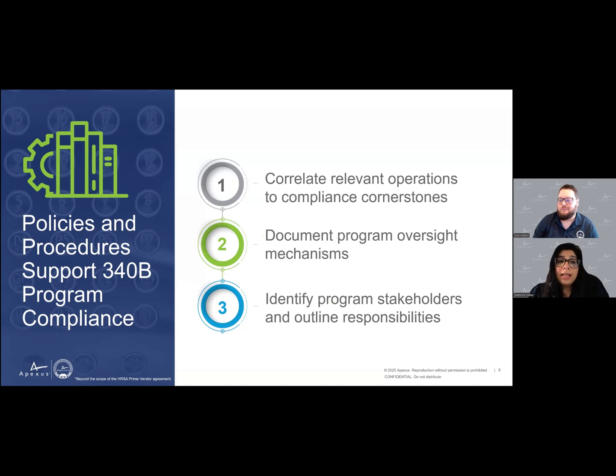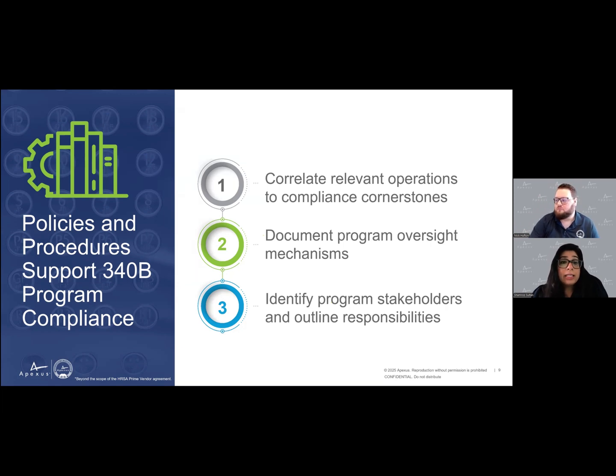We'll now look at how the 340B policies and procedures help us ensure 340B program compliance across all the different program areas. This guiding document helps us document a few things. First, it helps us outline operations for each of the compliance cornerstones that we mentioned earlier, including diversion, duplicate discount, and entity-specific considerations.